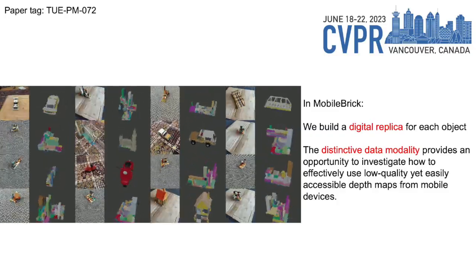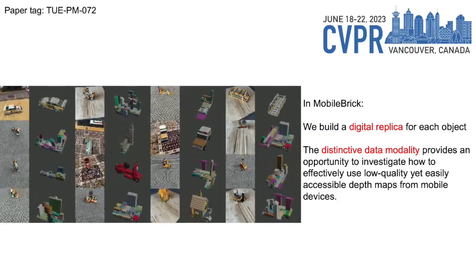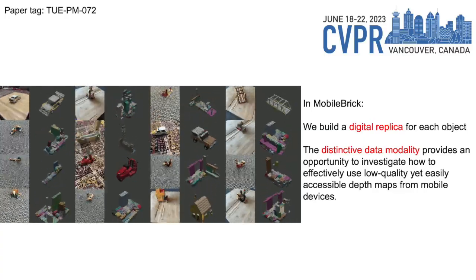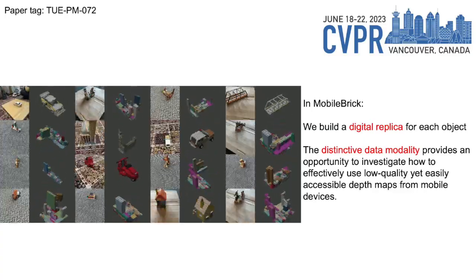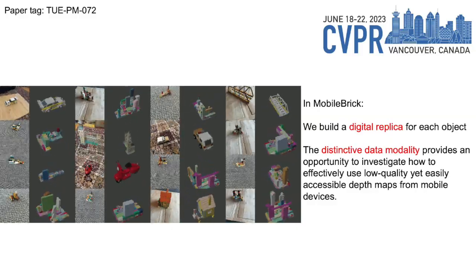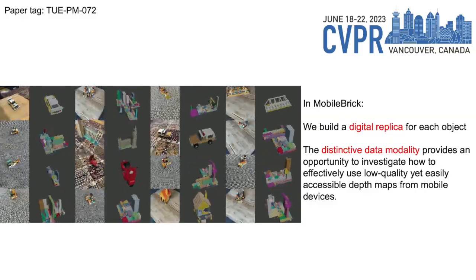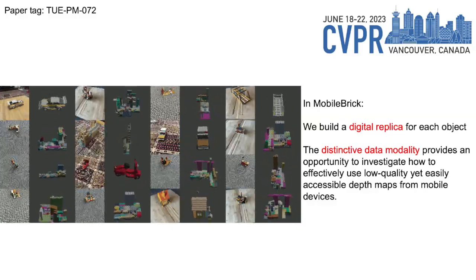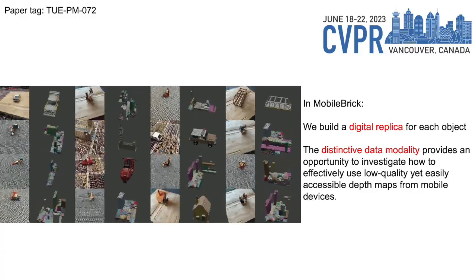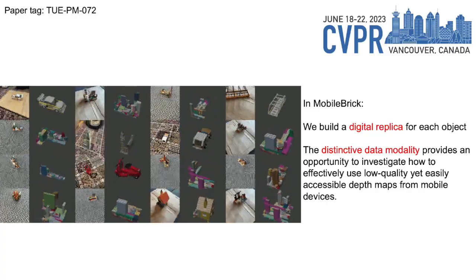We not only obtain accurate 3D shape annotations but also specifically target mobile applications when capturing MobileBrick. Unlike other 3D evaluation benchmarks that are captured under controlled setups, MobileBrick is captured using an iPhone equipped with a built-in LiDAR sensor.